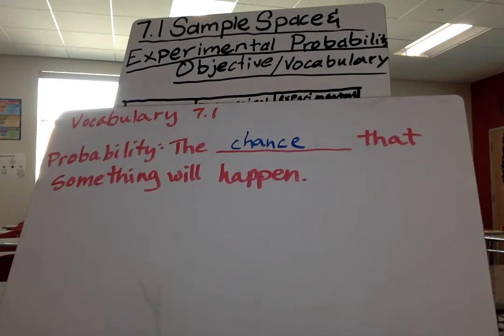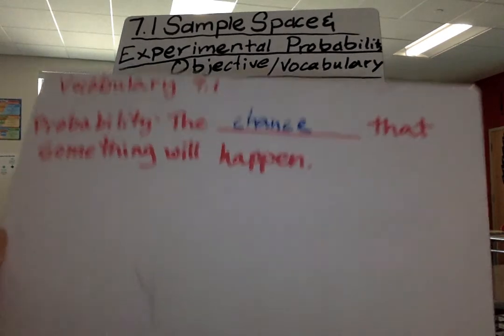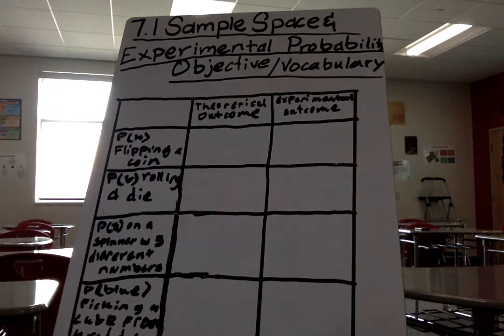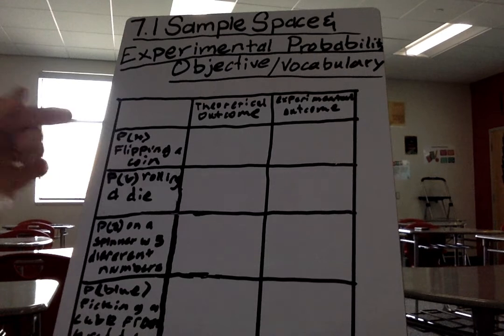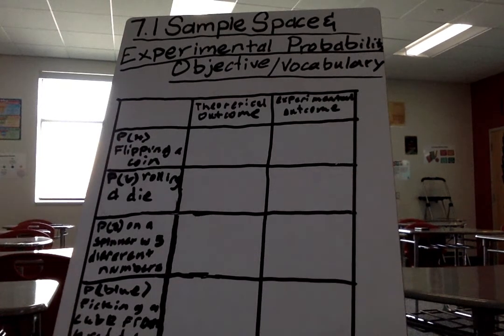Comparing experimental and theoretical probability. Okay? So we have theoretical and experimental outcomes. What's the probability of heads when flipping a coin? We know there are two sides to every coin.